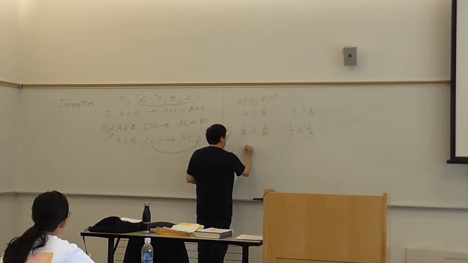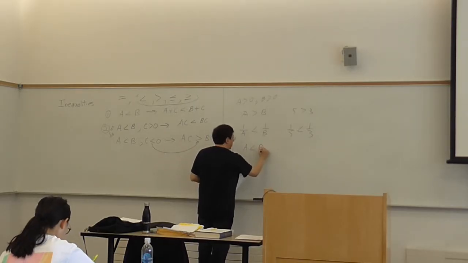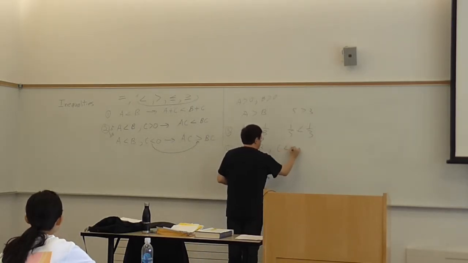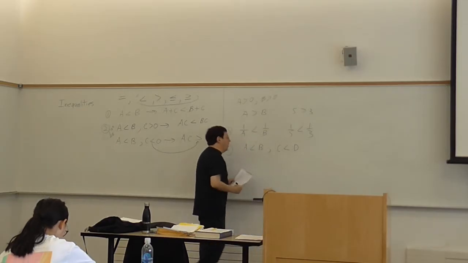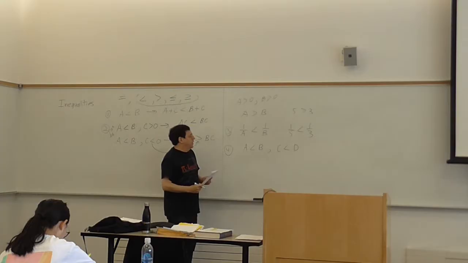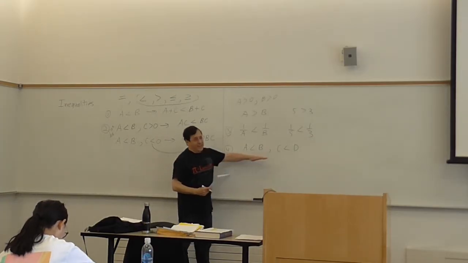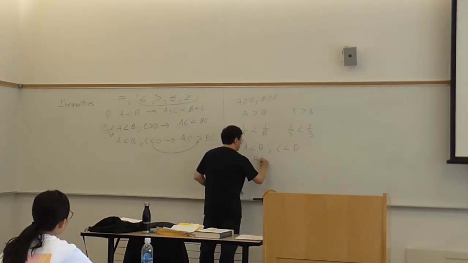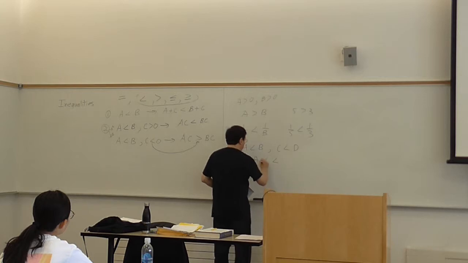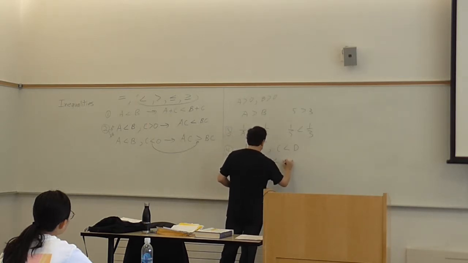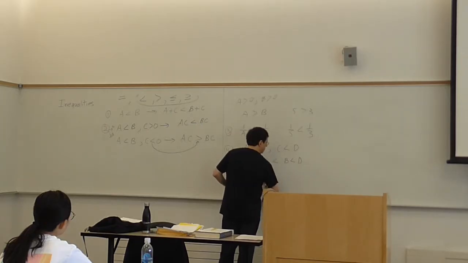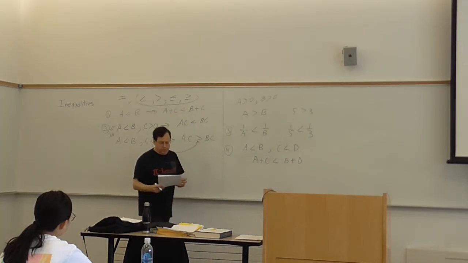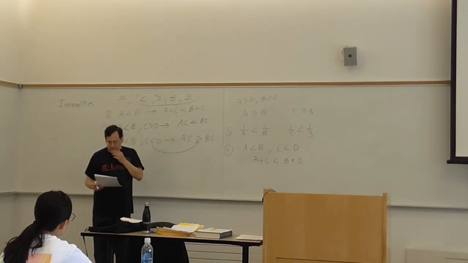If we have A less than B and C less than D, we now have 4 quantities. I can add the lessers and the greaters and maintain that inequality. Kind of makes sense.